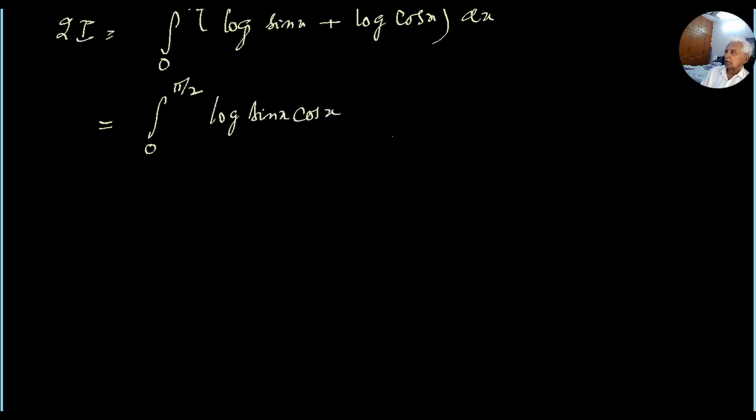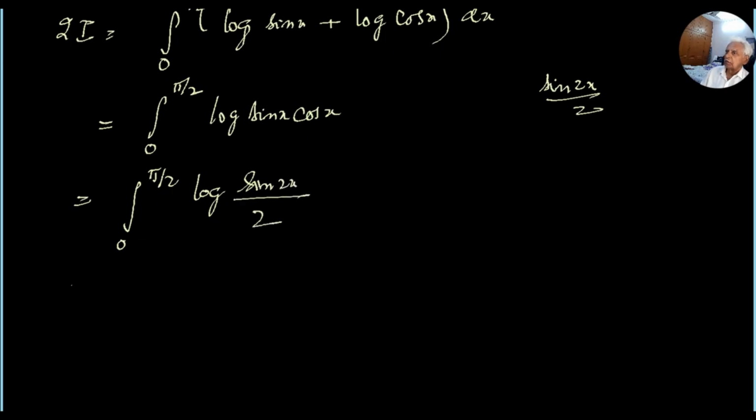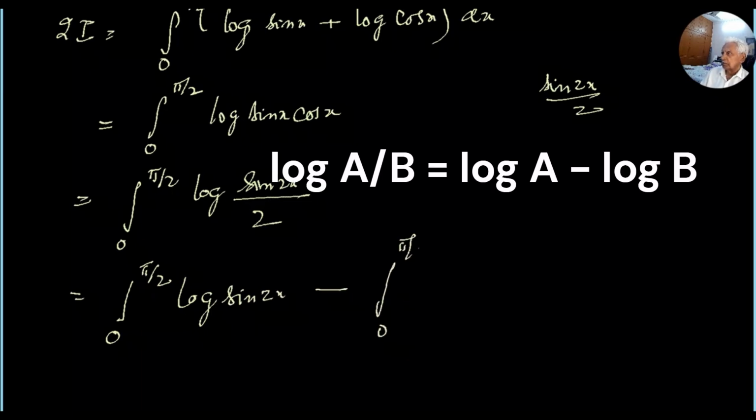We know sin x cos x is sin 2x by 2. So this is integral from 0 to pi by 2 of log (sin 2x by 2), which is also equal to integral from 0 to pi by 2 of log sin 2x minus integral from 0 to pi by 2 of log 2 dx.